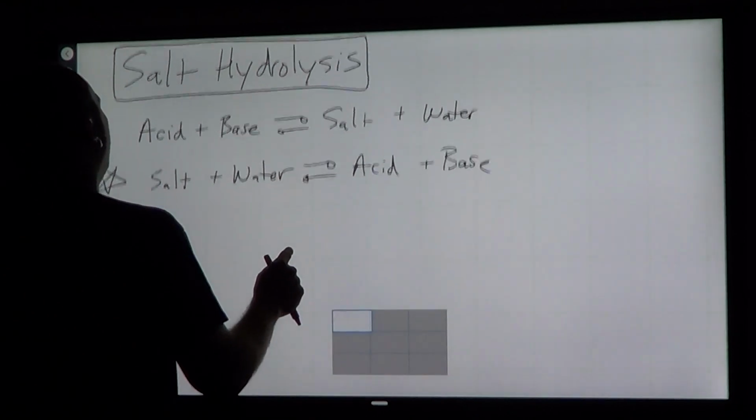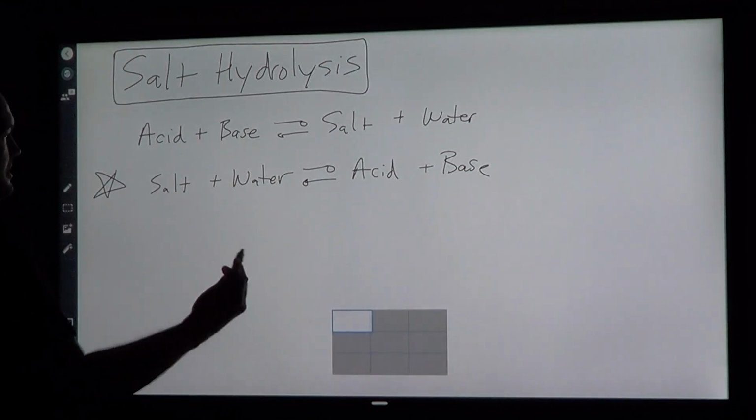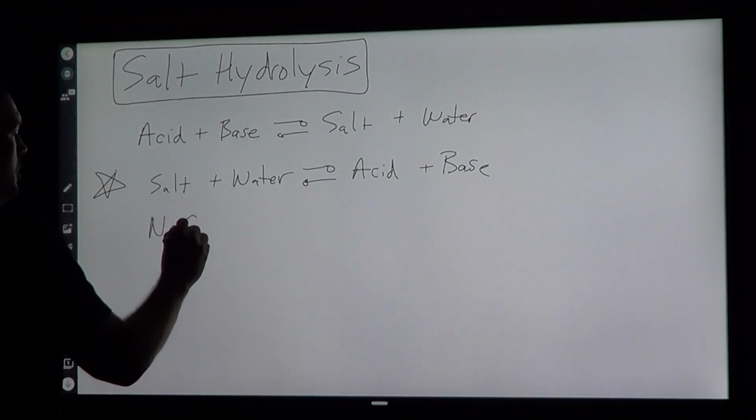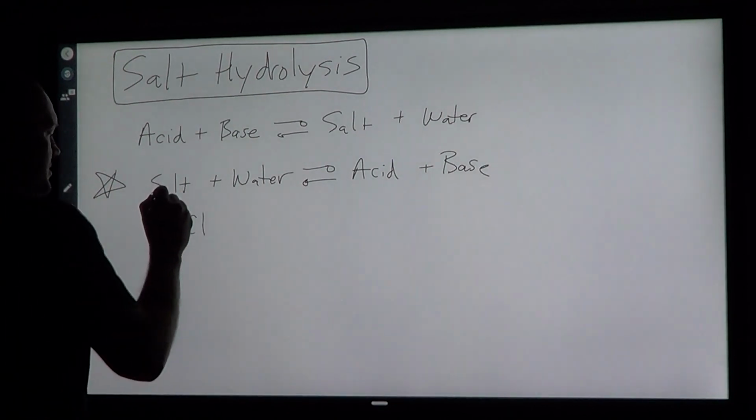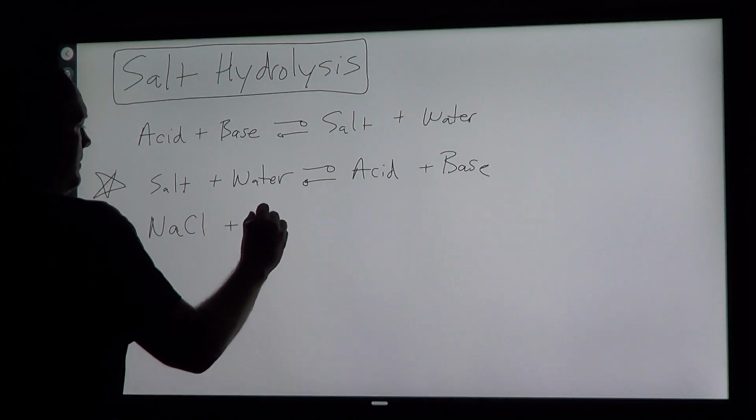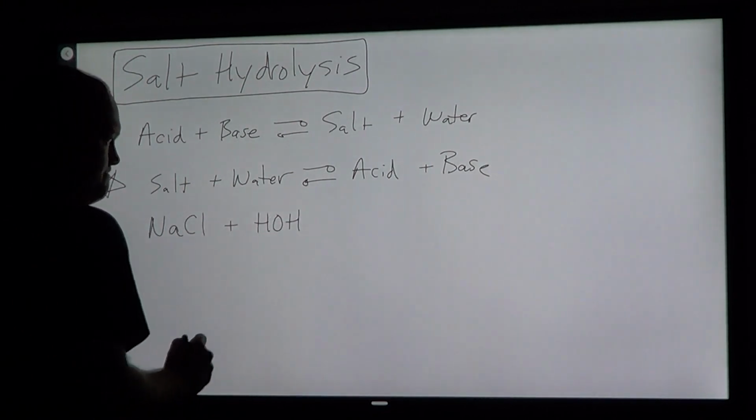Okay? So what you've got to do when you're thinking about it, let's use sodium chloride for example. Okay? Sodium chloride, if you mix it with water, and I'm going to write water as HOH again, okay?